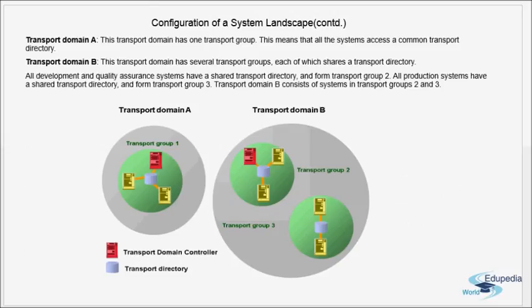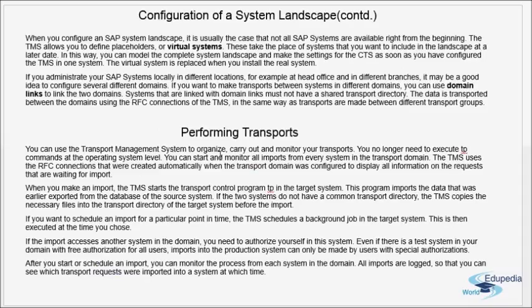So you can link these two domains also, but they will not have a common transport group and a common transport directory. Each domain has its own transport groups and transport directories, and it's just that the domains are linked using RFC connections. So that is an important point.